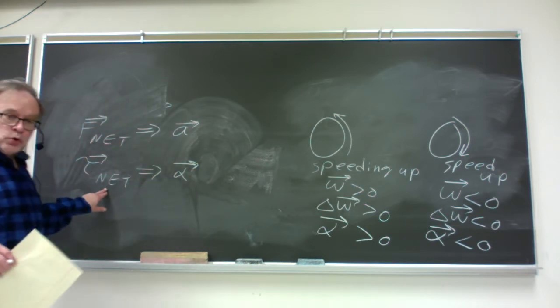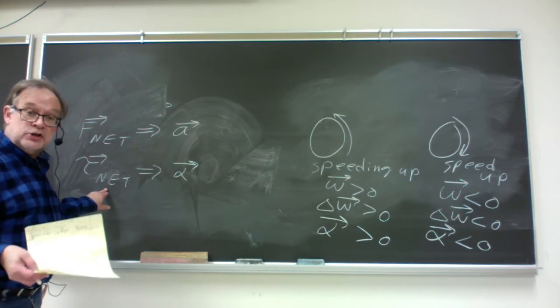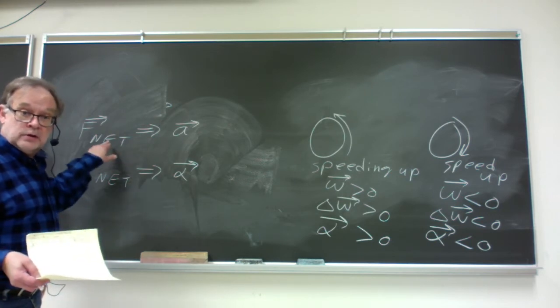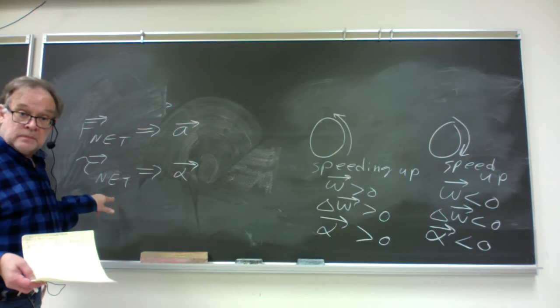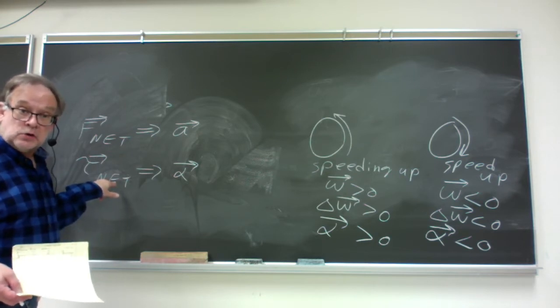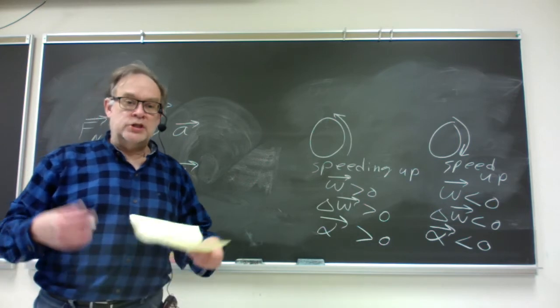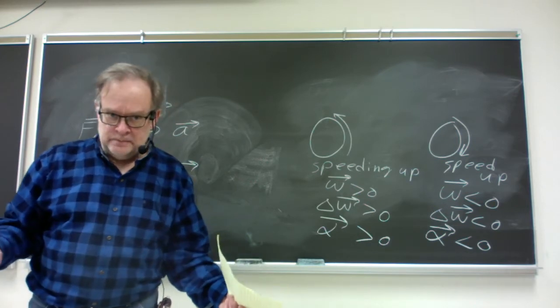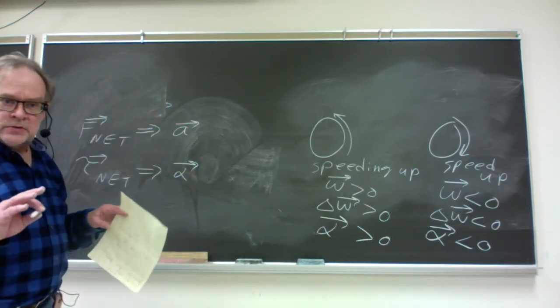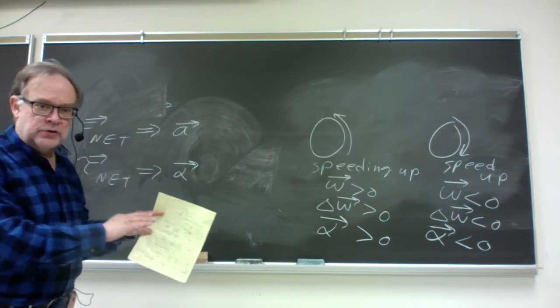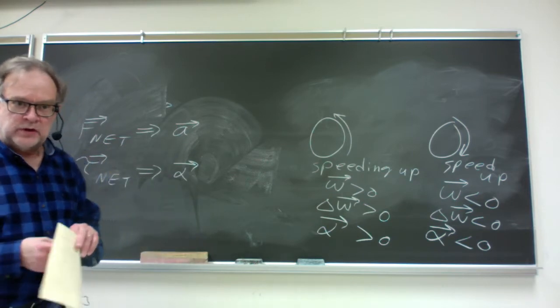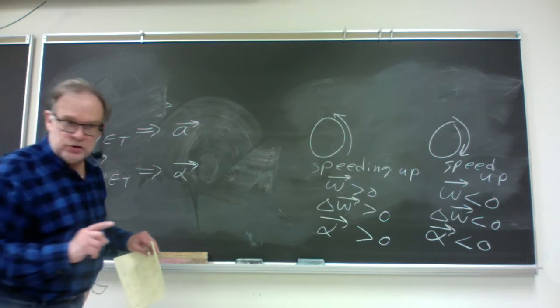So torque, whatever that is, is the rotational version of force. It's the thing that causes acceleration. Now, what is torque? Well, just like force, it's going to be a vector. And let's think of that in two pieces here: magnitude of the vector and direction of the torque vector. First, magnitude.